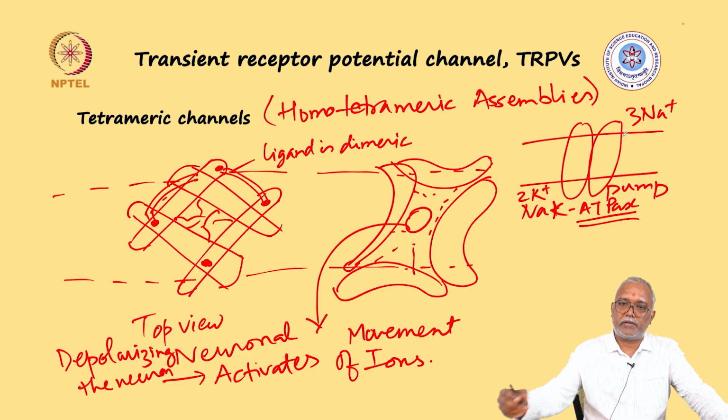And thus the difference in charge helps in the generation of the resting membrane potential. So what you are realizing is that whether these channels or receptors, as we call them, require ATP or not, or by ligand binding conformational changes they induce the movement of ions, the direction of the movement of ions and the nature of the ion moving across allow the depolarization or repolarization of the membrane or establishment of the potential across the membrane.